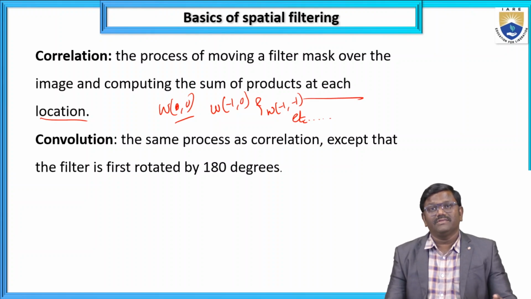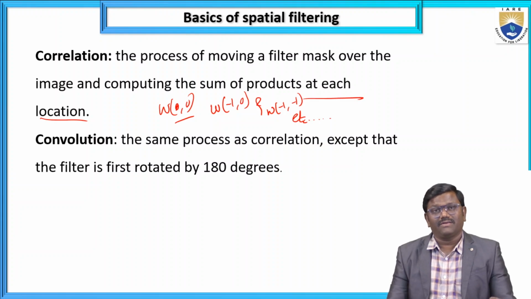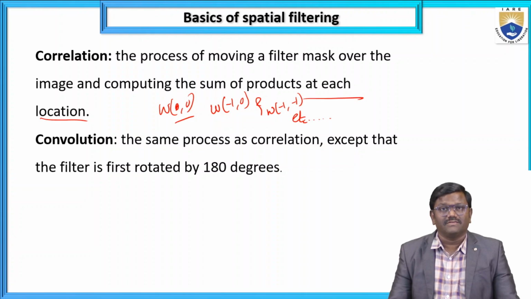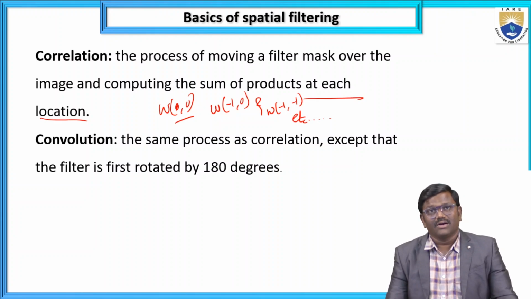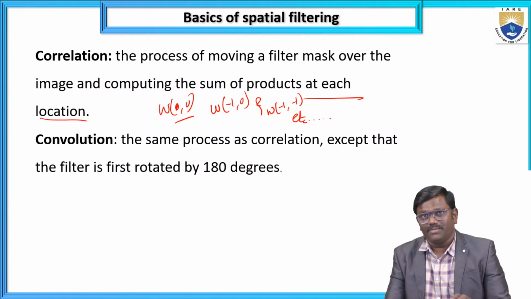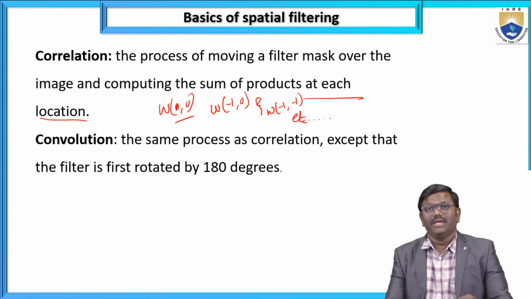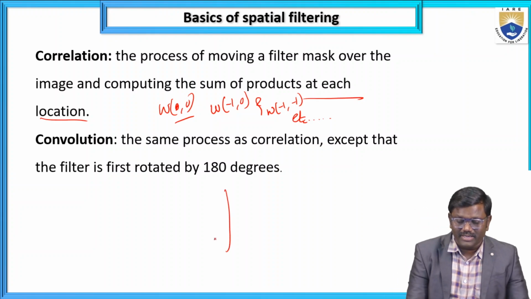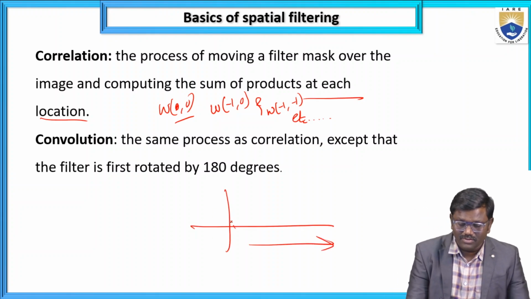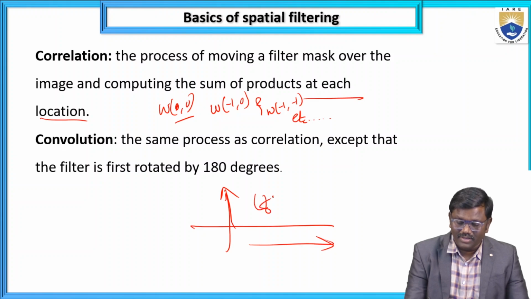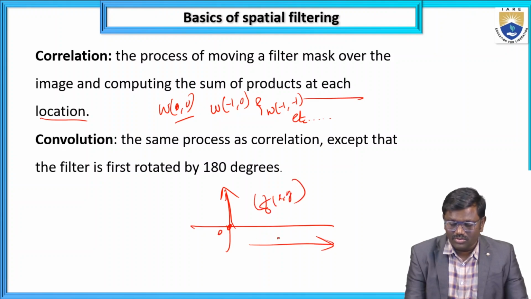Convolution is the same process as correlation, except that the filter is first rotated by 180 degrees. What do you mean to understand that? Correlation is computing the sum of products, and convolution is the same, but here the filter is rotated by 180 degrees, that is x-axis to y-axis, that is f of x comma y. We are writing values from 0 to something.